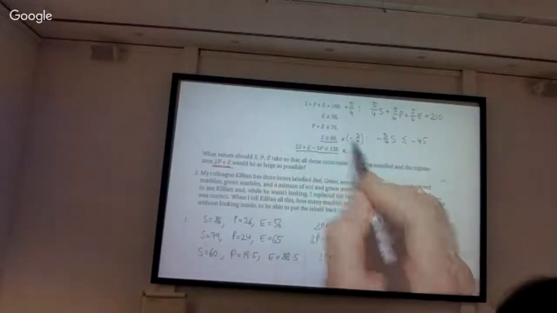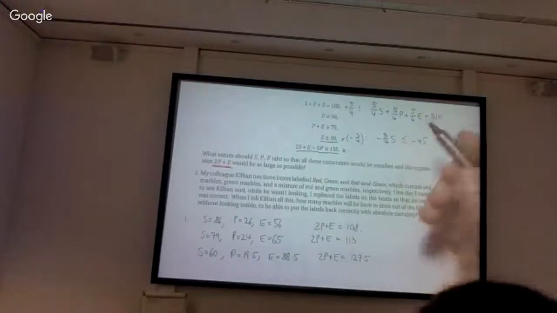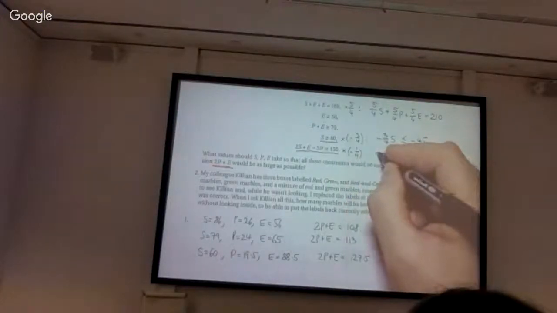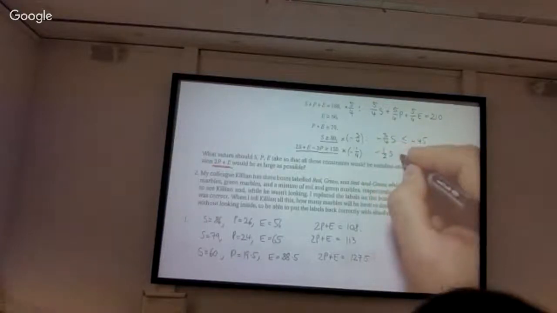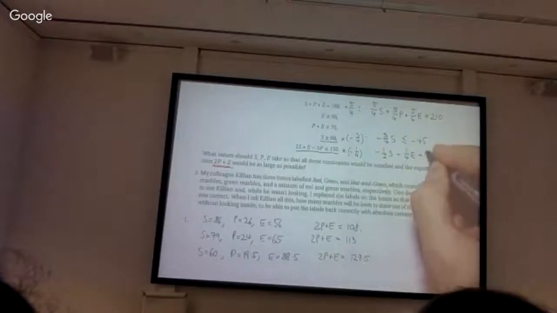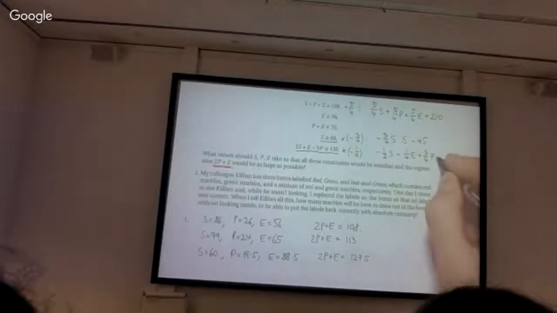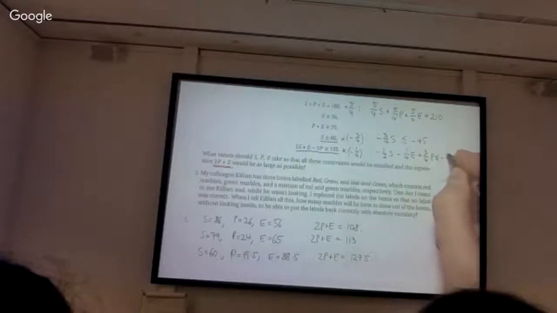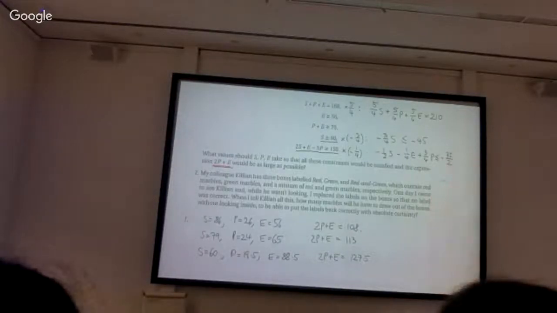And if I multiply this one by, what do I need to take? -1/4, what do I get? Well, -1/2 s minus 1/4 e plus 3/4 p is less than or equal to minus 75/2.